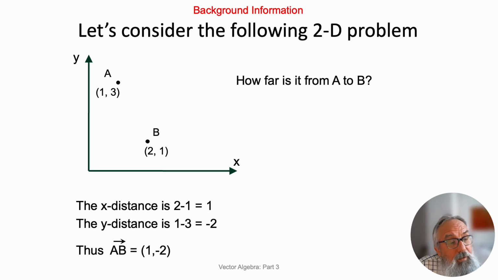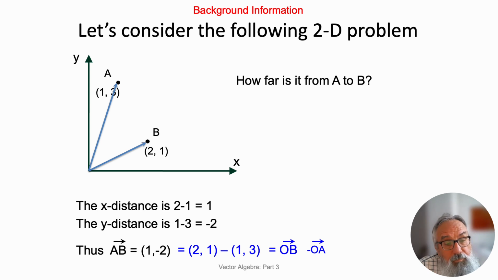So AB in vector form is (1, 2), the difference of the two points. We can call that OB minus OA in vector form. Yep, nothing new there.